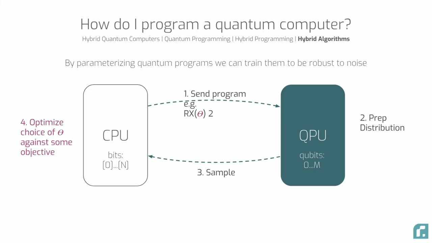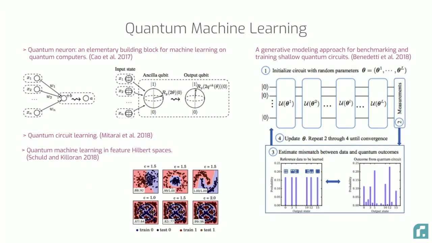The model you should have in mind is that I'm going to send a program that has some parameters in it, get out some outcome and sample, and then I'm going to optimize the result for that choice of theta against some objective function that I care about. So what you're doing is learning what the quantum program should be based on the noise. And this has allowed us to do a lot of interesting things with smaller chips than were thought before.